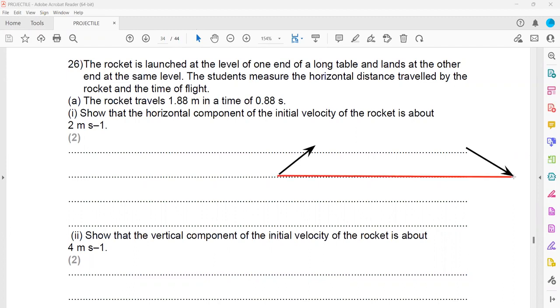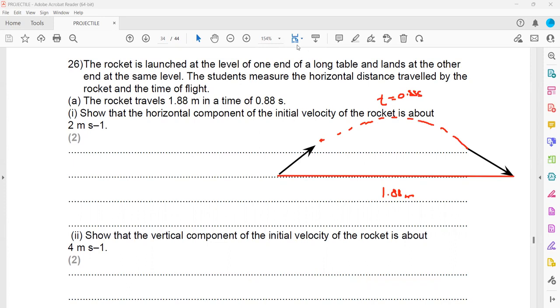The range of this rocket, the maximum distance, is 1.88, and the total time, how long it will remain in the air, rising up and coming down, is 0.88 seconds.